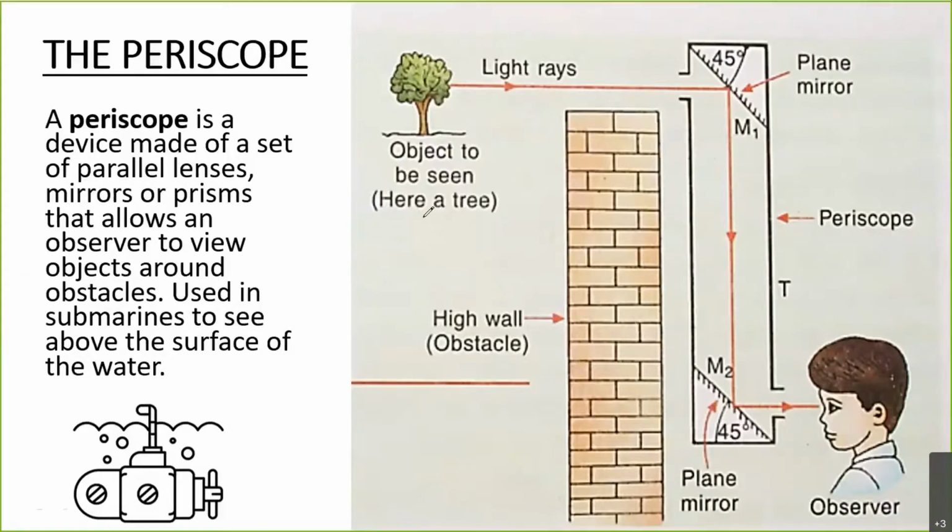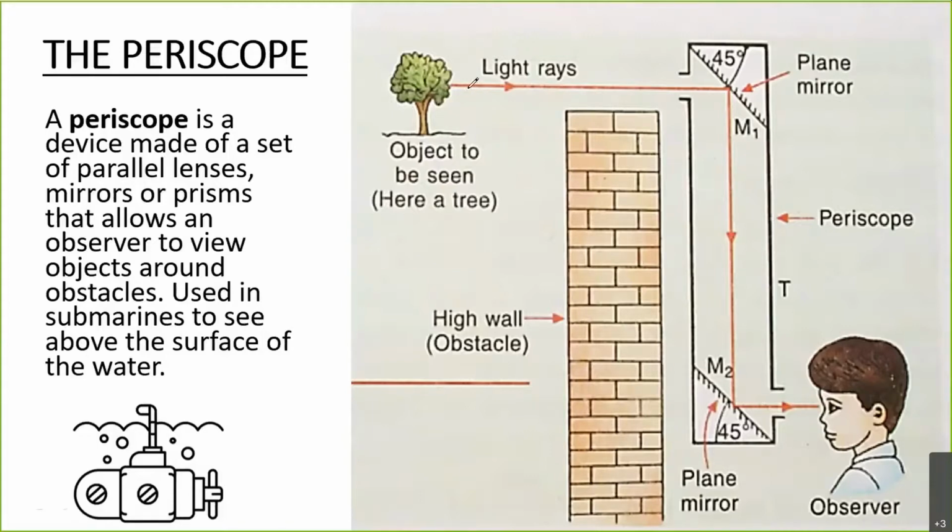By manipulating the angle of incidence, we can turn the light rays and change their direction so that they are focused around a big obstacle like this.